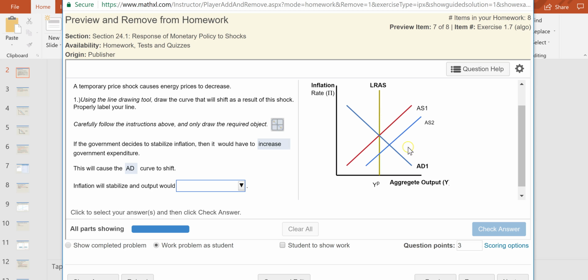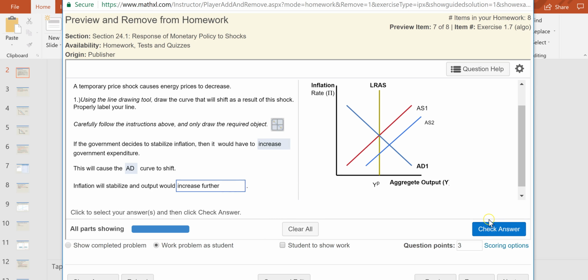But the price is that rather than bringing down the output gap, because the new equilibrium is here, the output is greater than the potential output. In order to stabilize the inflation, you can see that even though the inflation is brought back to its original level, the output is further away from its original level, the potential output. So output would increase further.